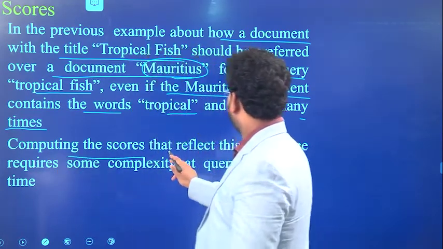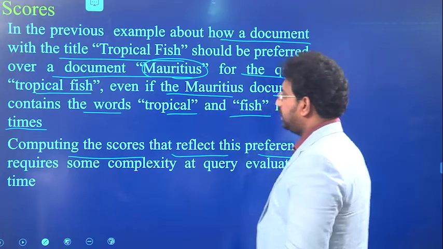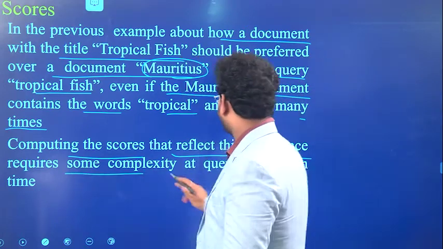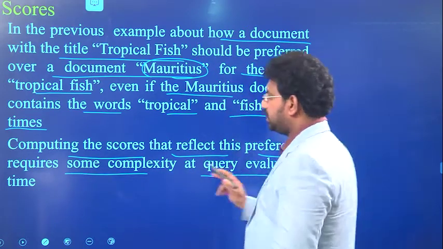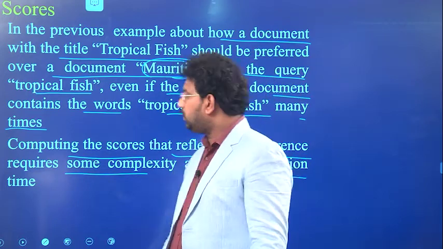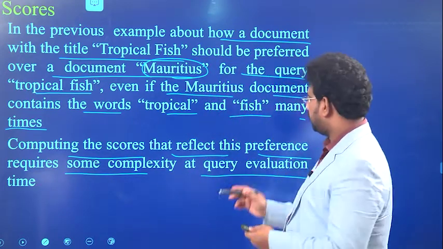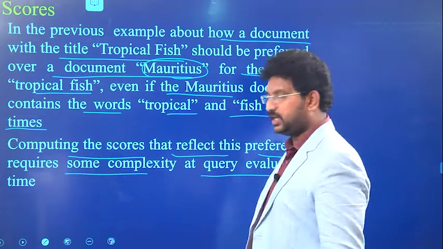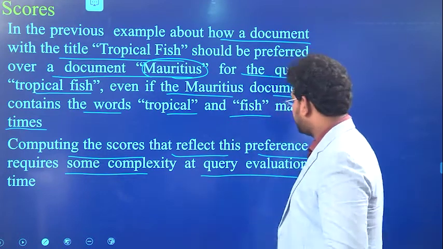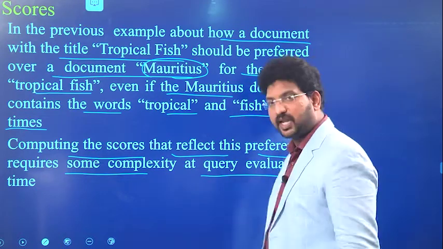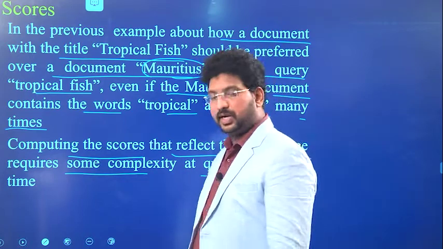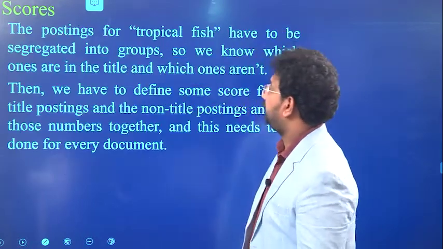Computing the scores that reflect this preference requires some complexity at query evaluation time. So this will be important at query evaluation time.